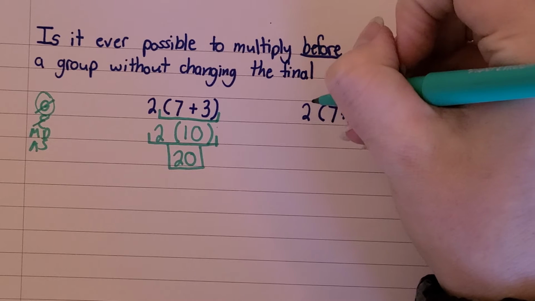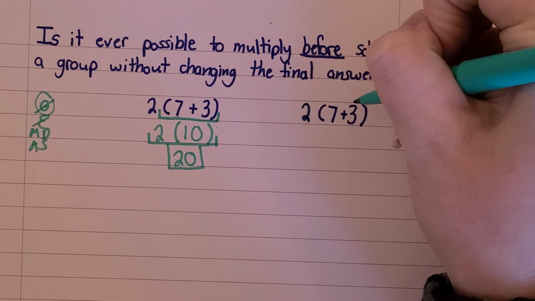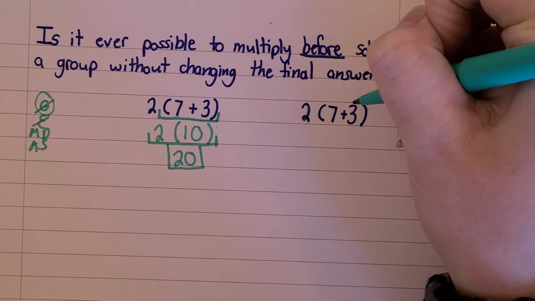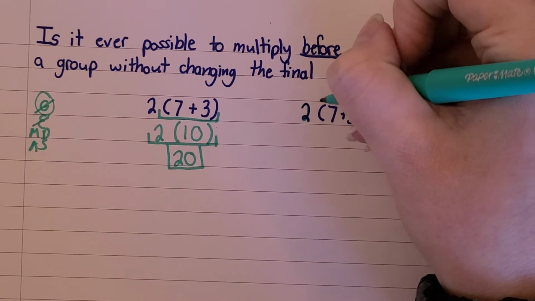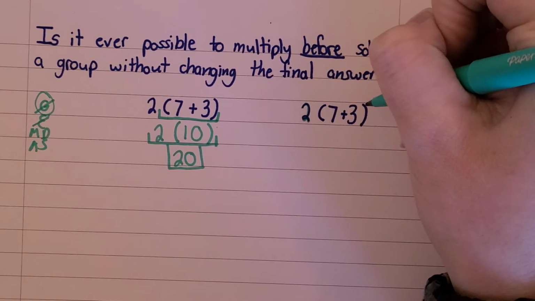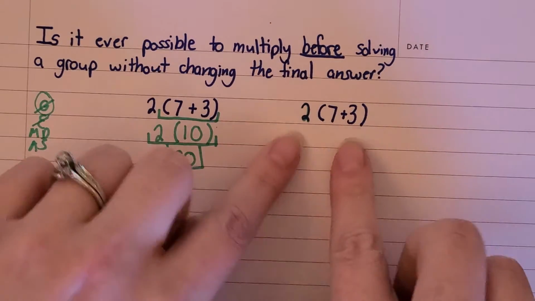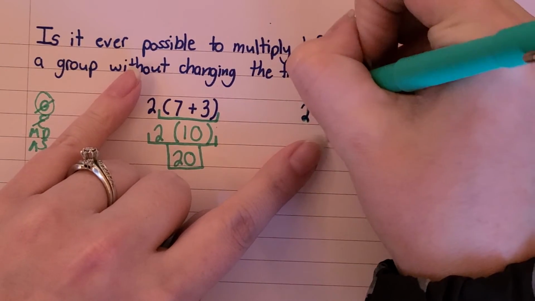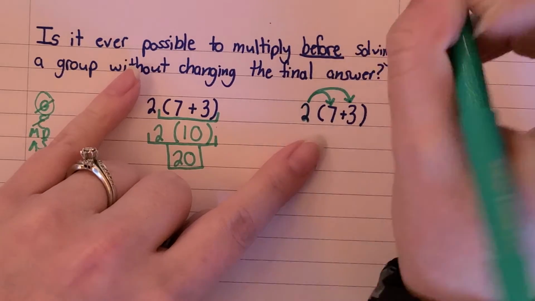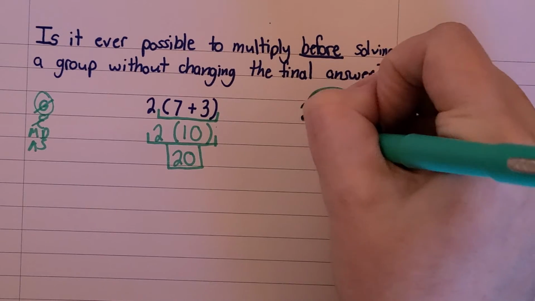If you did 2 times this first, the question is, would you do just 2 times 7 or 2 times 3? Because this is together, it's not just 2 times 7. I'm going to do both. I'm going to do 2 times 7 and 2 times 3. So let's multiply. 2 times 7 is 14.